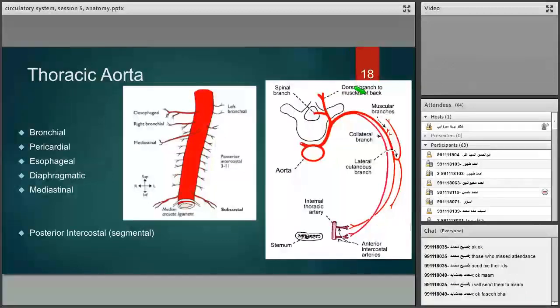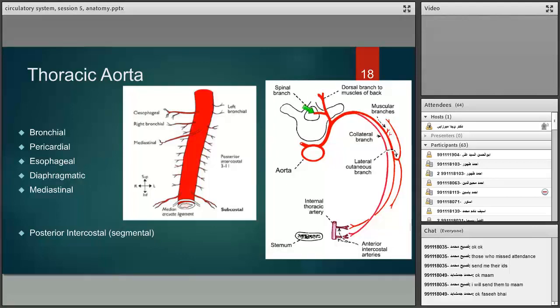We said that the lateral side of the thoracic aorta is sending some branches to the intercostal space with the name of posterior intercostal or segmental branches. Here we have the diagram of the posterior intercostal arteries. Look at here, this artery is sending a dorsal branch to the dorsal muscles, or the muscles of the back.